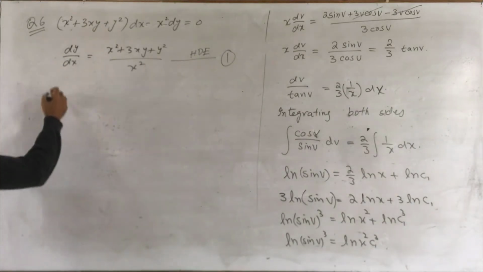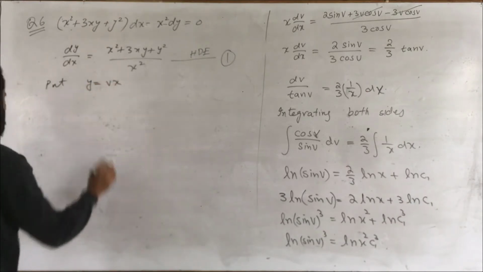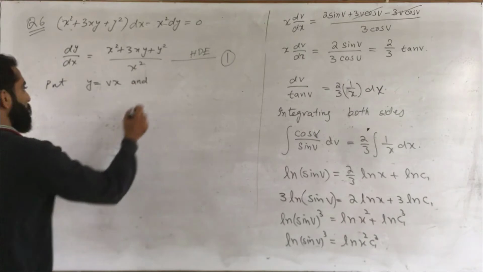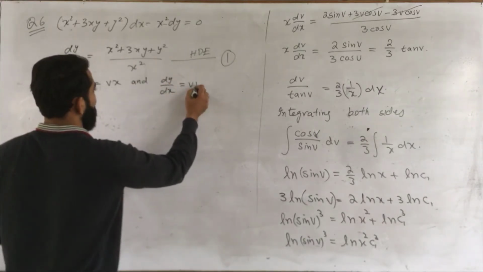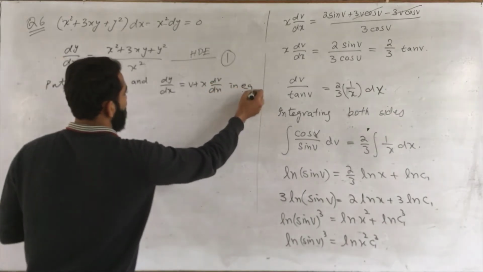Put y is equal to vx and dy over dx is equal to v plus x dv over dx in equation number 1.